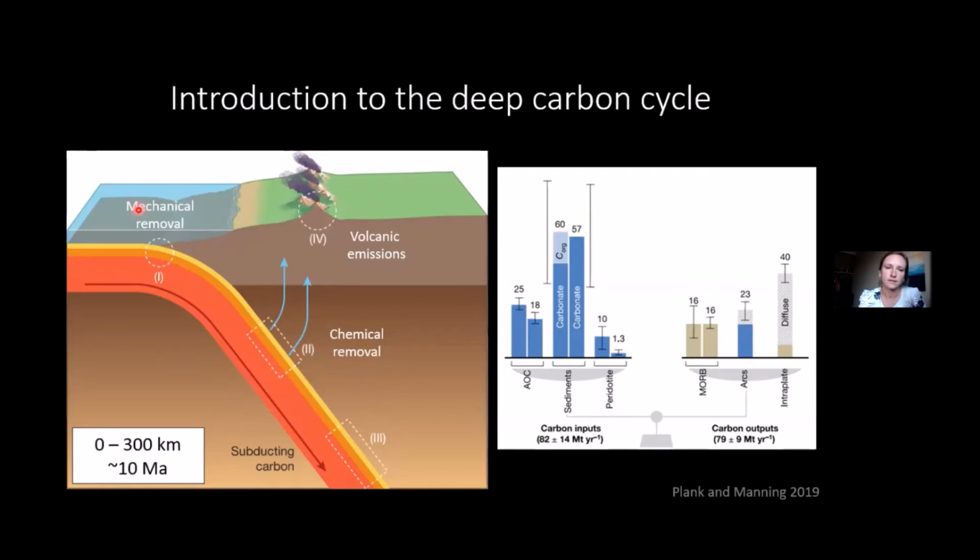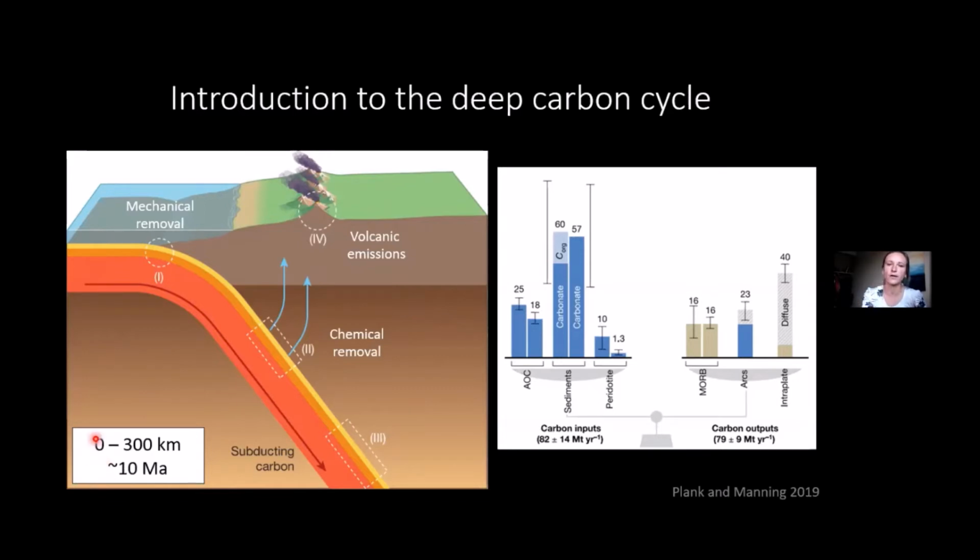And so if these removal processes that we see occurring in the subduction zone were 100% efficient at removing carbon from the subducting slab, we would really be able to describe the whole deep carbon cycle simply using these three processes. And likely carbon would be cycling through this arc system on timescales of around tens of millions of years.